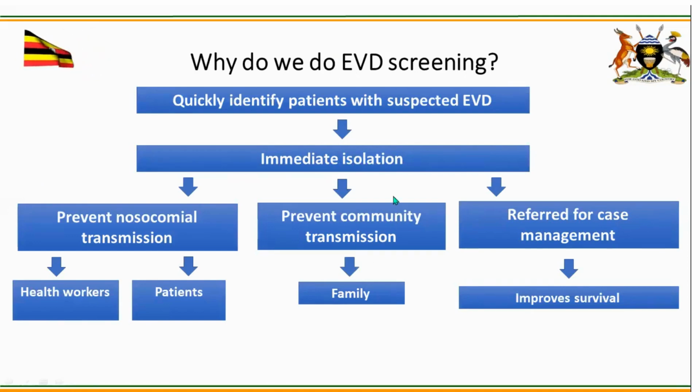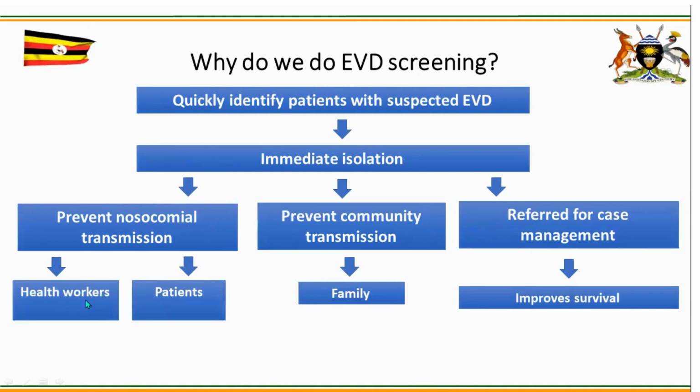And by doing so, you prevent community transmission, because the patient is not going back. The patient is going to be evacuated instead. You're going to help referral in that case for further management of that patient, and of course, you also prevent yourself and your staff from acquiring the infection in your facilities.